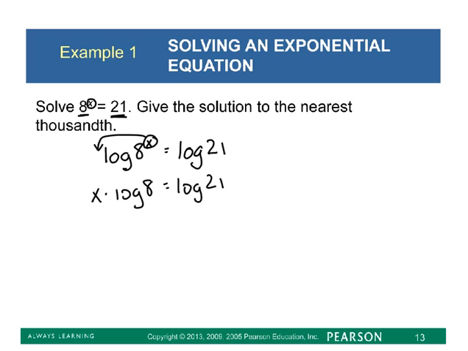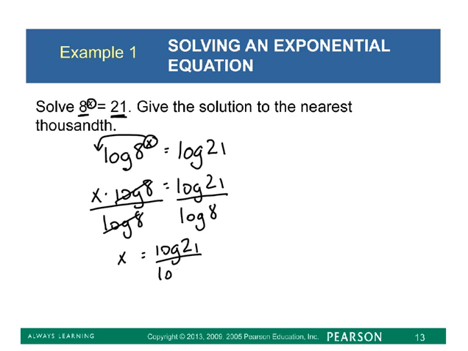Now to get x by itself, we just simply divide both sides by log of 8. And that gets rid of this, and we're left with x equals log of 21 over log of 8.